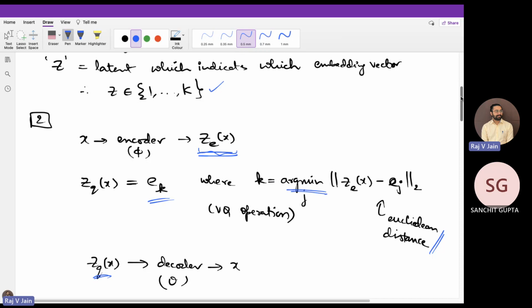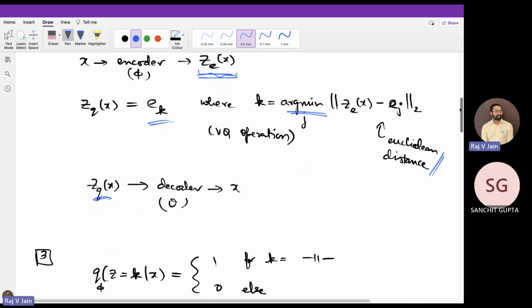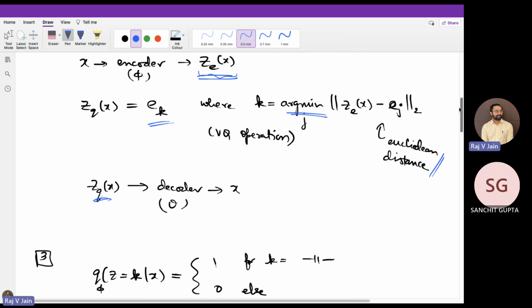Now, under this thought process, what will happen to the posterior that we have? Your q_phi is now a distribution over a discrete set of values. So q_phi of z equal to k given x will be equal to 1 whenever k is the minimizing one, otherwise it's 0.